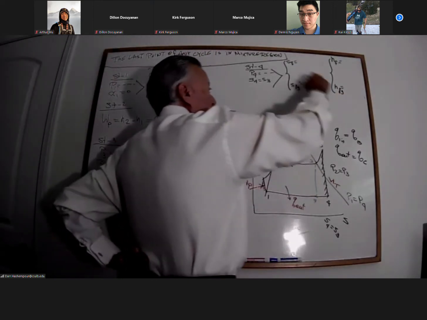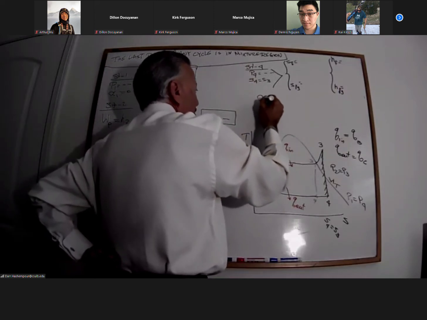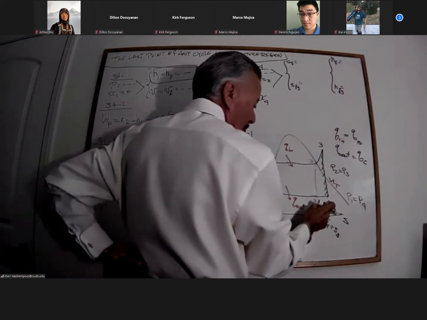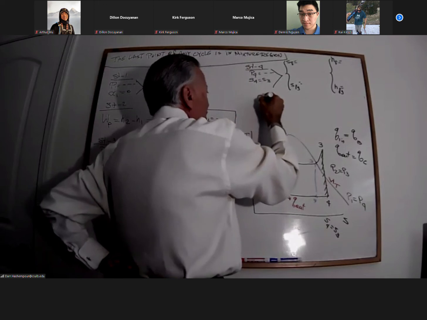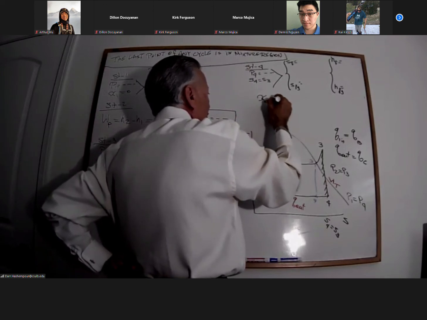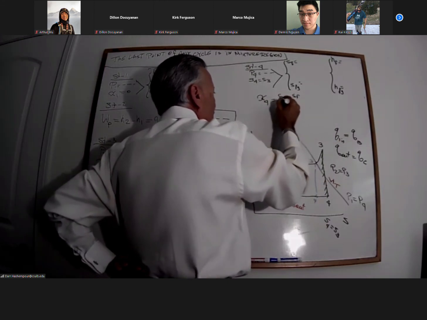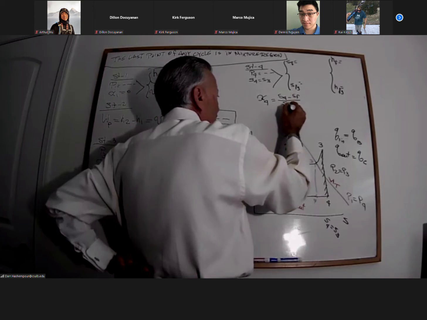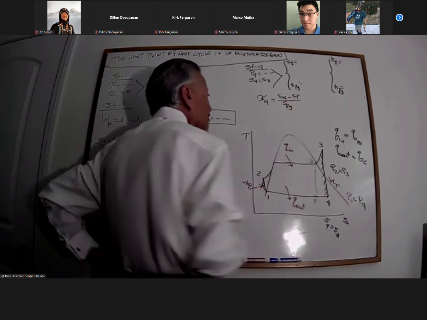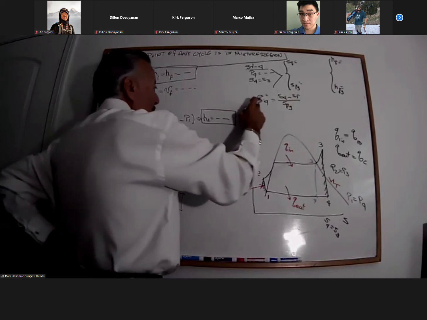Once you find these values, then you need to find X4, the quality at point 4. X4 is equal to S4 minus S of F divided by S of F of G. You guys remember this equation?